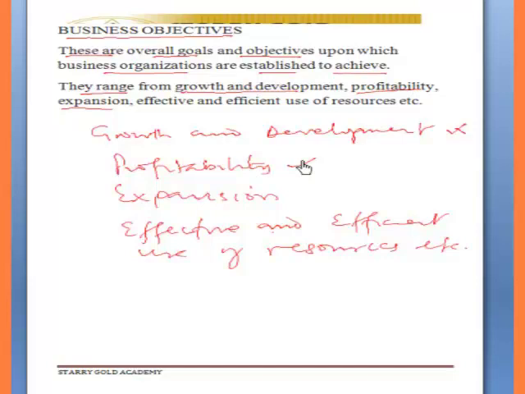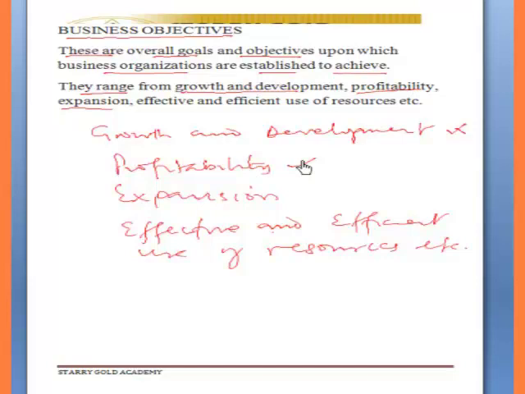So to achieve this, the available resources of a given establishment will have to be utilized effectively and efficiently. So when there is effectiveness and efficiency in the use of these resources, it is then believed that goods and services will be produced at minimum cost, and as a matter of fact, maximum profits will be achieved by the business owner or the business enterprise as a whole.